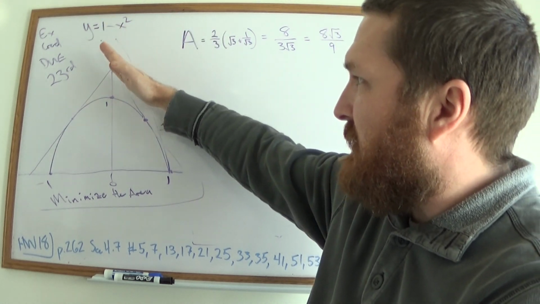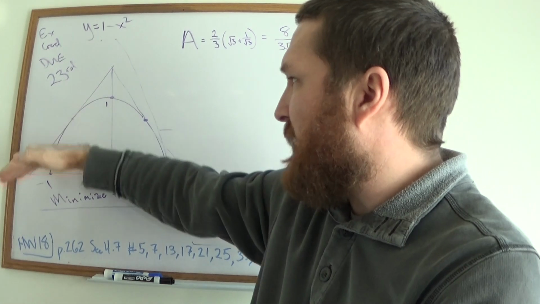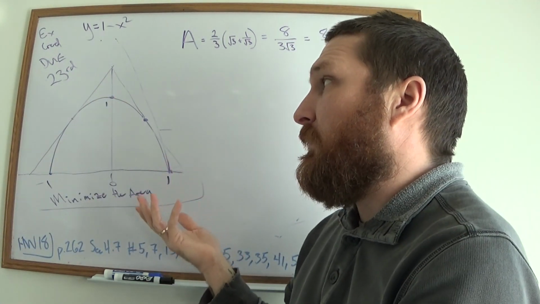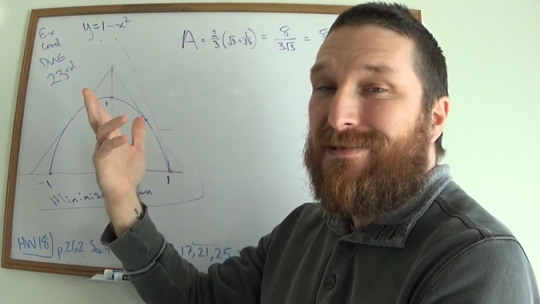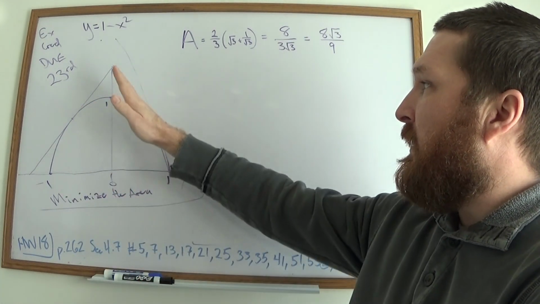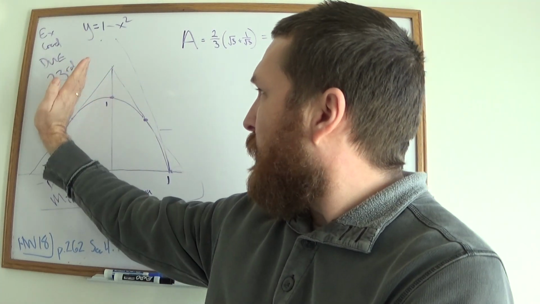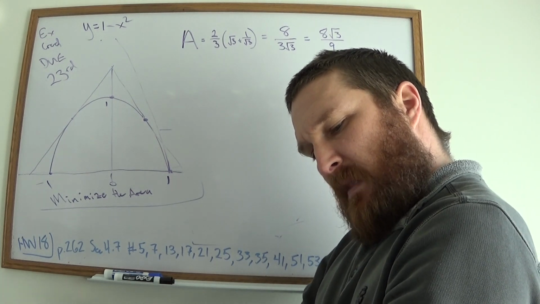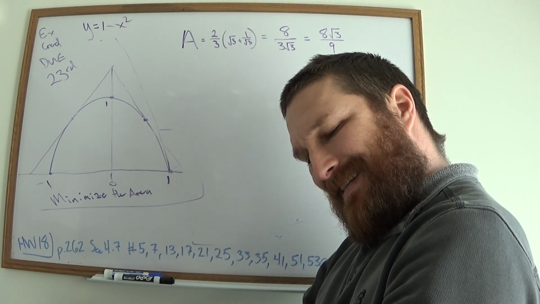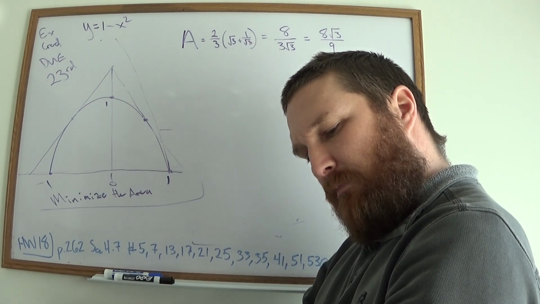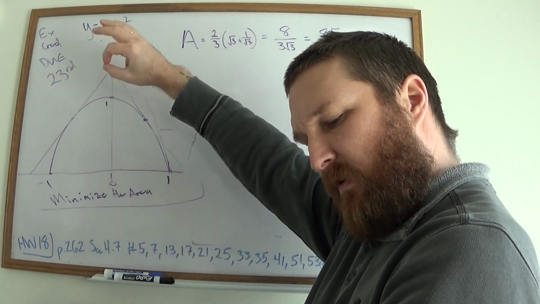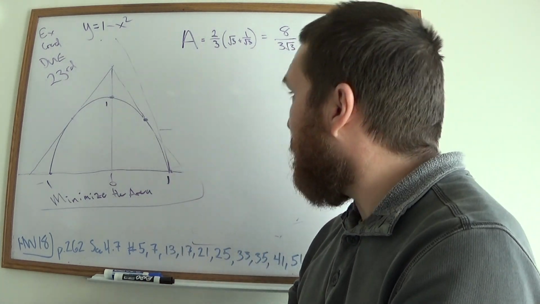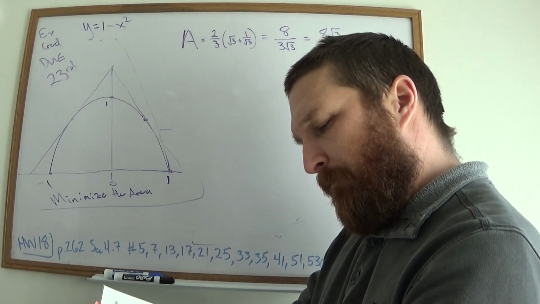So, okay, isosceles means that those two are the same, and this guy might be the same if it happens to be equilateral. Equilateral is a special case of isosceles, but at any rate, this one is the same as that one right there. What is the smallest possible area of such a triangle?